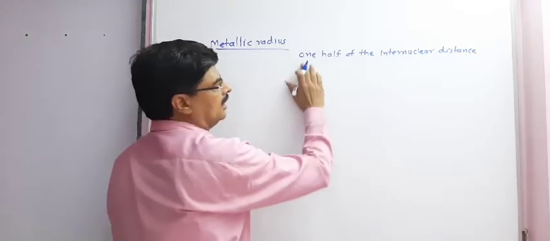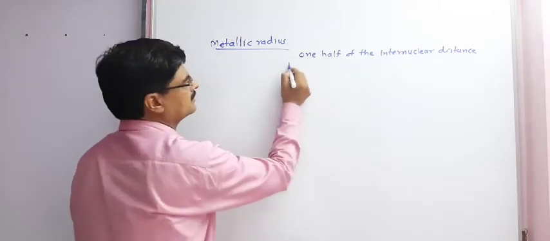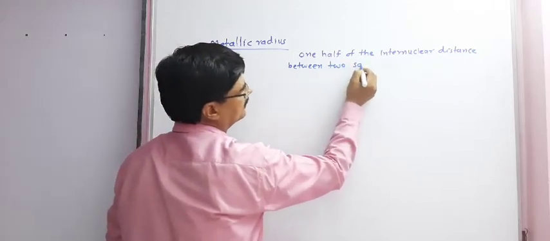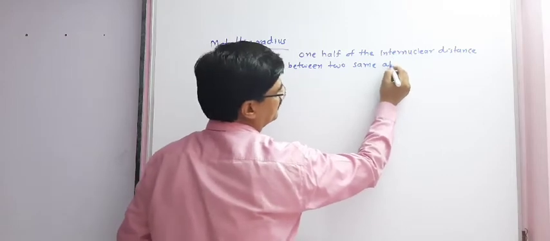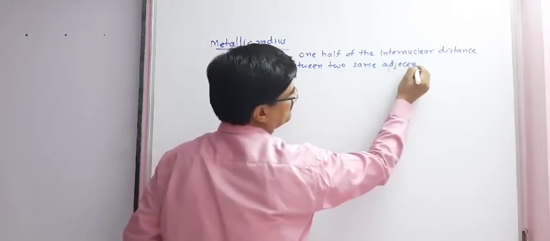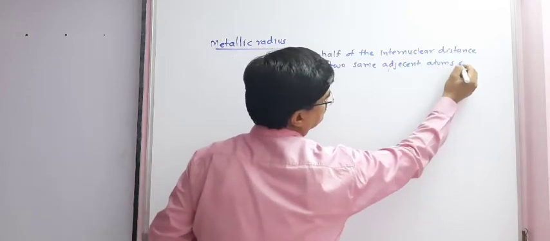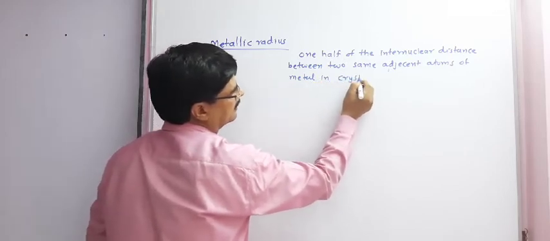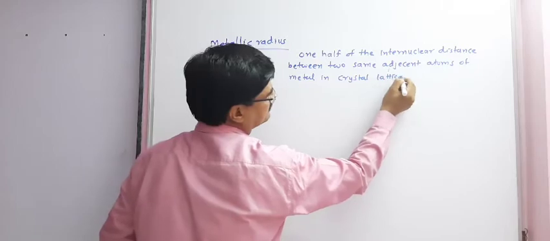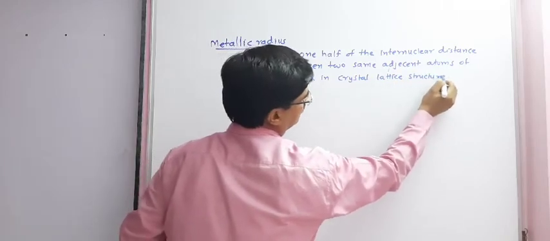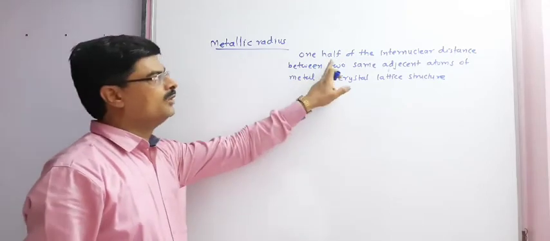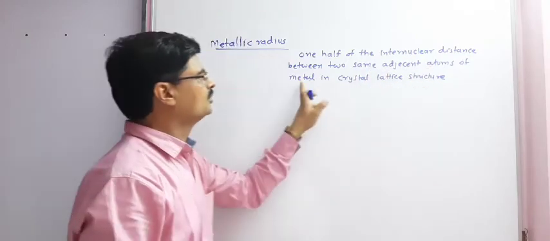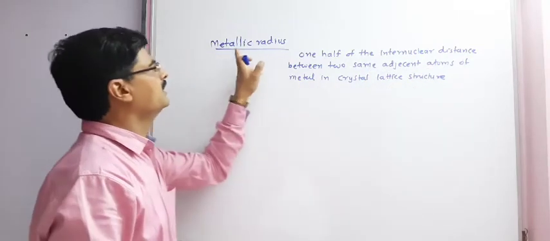One half of the internuclear distance between two same adjacent atoms of a metal in crystal lattice structure is known as metallic radius.